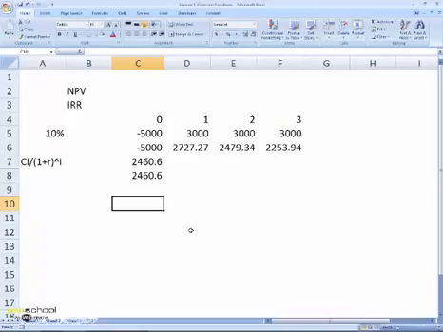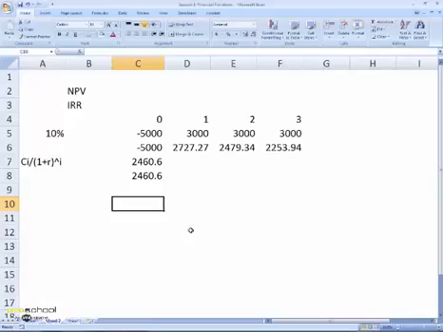On similar lines, as you know, you can also calculate the IRR. By definition, IRR is that discount rate at which NPV falls to 0, which means I can use two ways of calculating IRR.